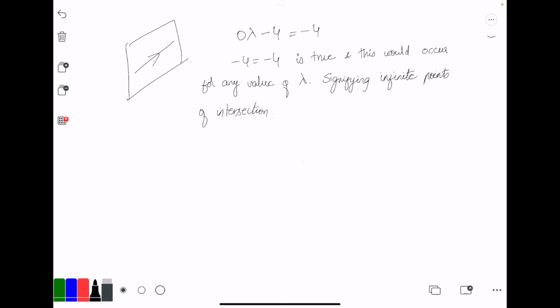Which occurs when the line is inside of the plane.